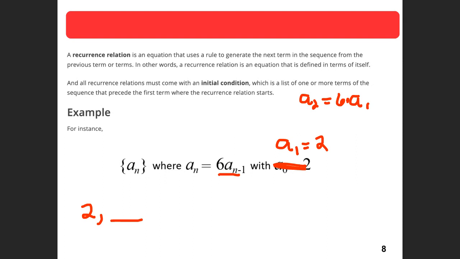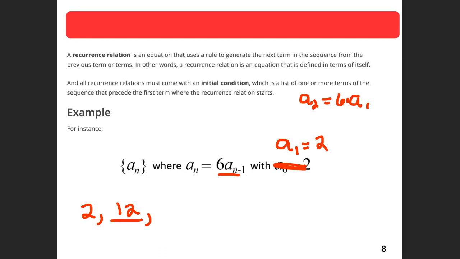Well, we know a of 1 is 2, right? So this would be 12. Now, what would the next term be? If you think about these, you're always taking the previous term to get to the next term. I go 2, 12. What is the next term?